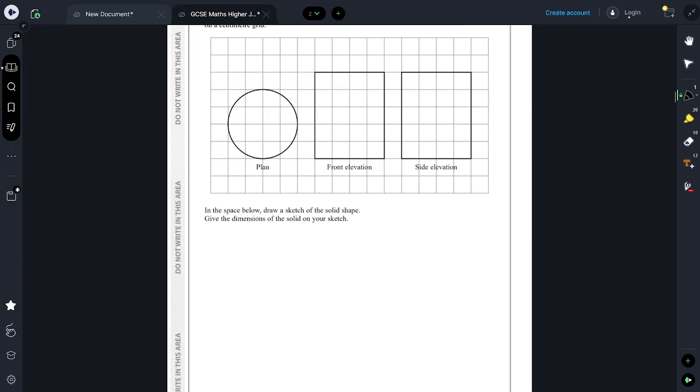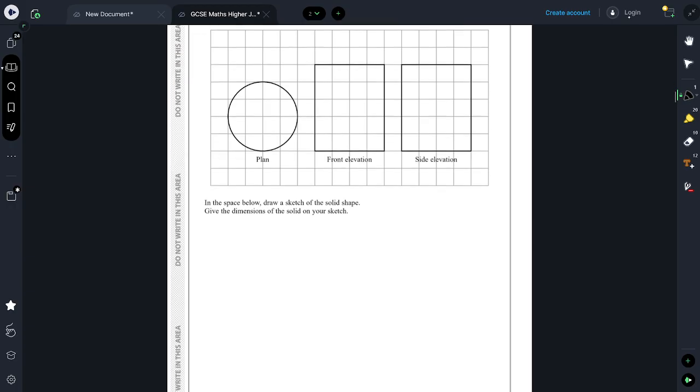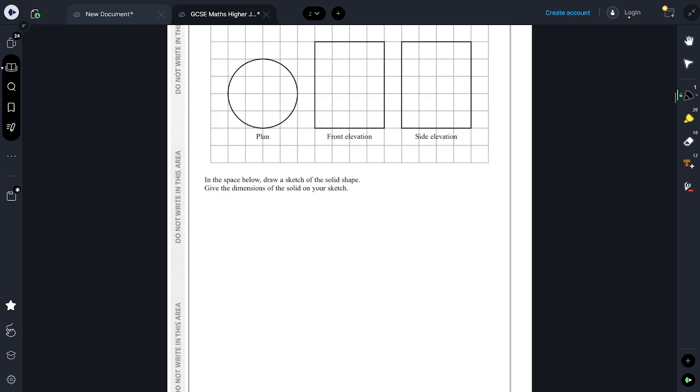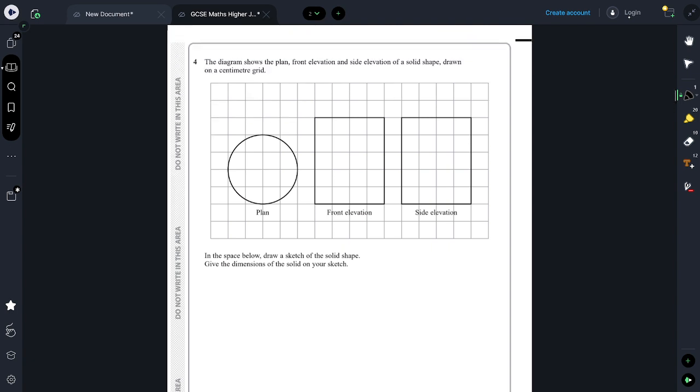Now unfortunately, I'm not the best at this with shapes, but we'll work through it. So let's see what's going on. If the plan is when we're looking down, okay, so if we look down on the shape, it's circular, and the front elevation, that's when you're looking at it head on.